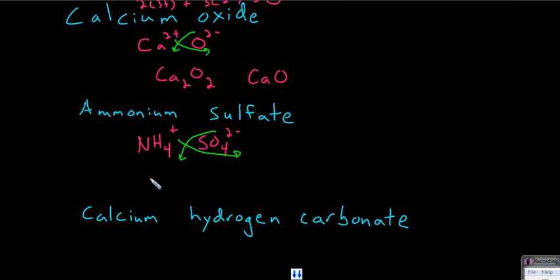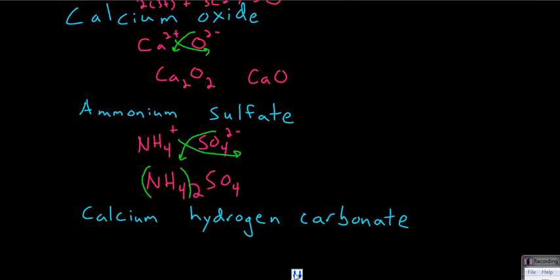You don't just put a 2 right after NH4, because that would imply that you have 42 hydrogens. Instead you want to say that you have 2 ammoniums, so we use parentheses around polyatomic ions anytime there are 2 or more of them. And then we're only going to have 1 sulfate, so we leave it as is, SO4.